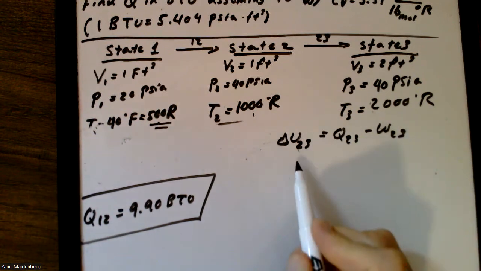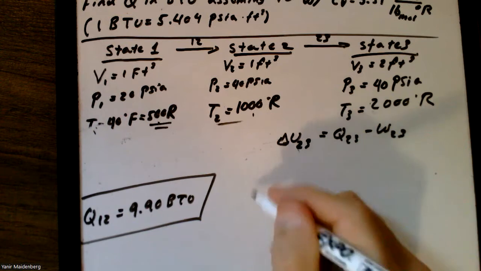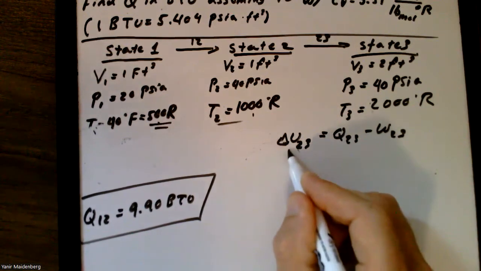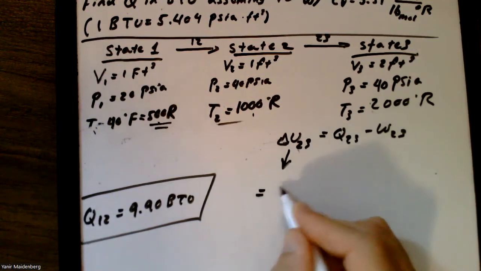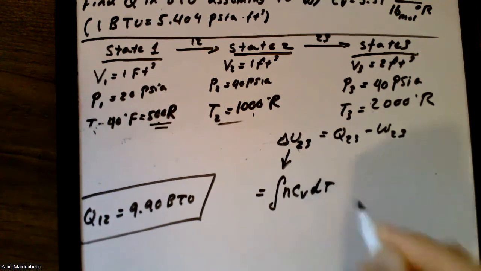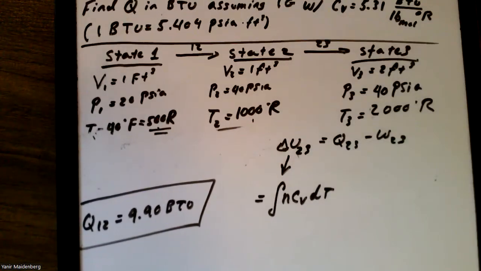All right. Delta U23, same as before, is going to be the integral of NCV dT. CV and N are both constant, just 5.31, so they can come out of the integral.